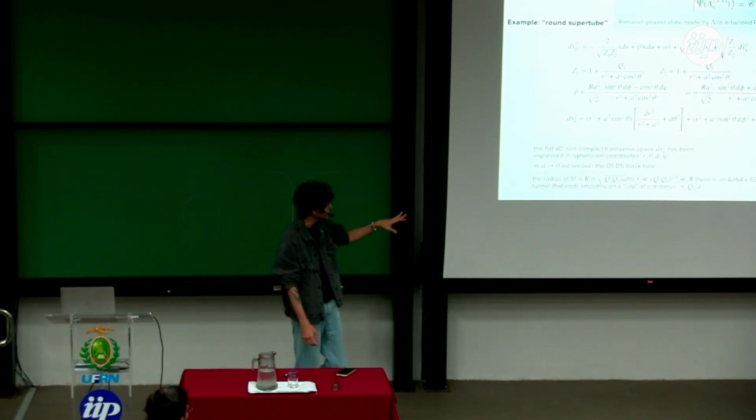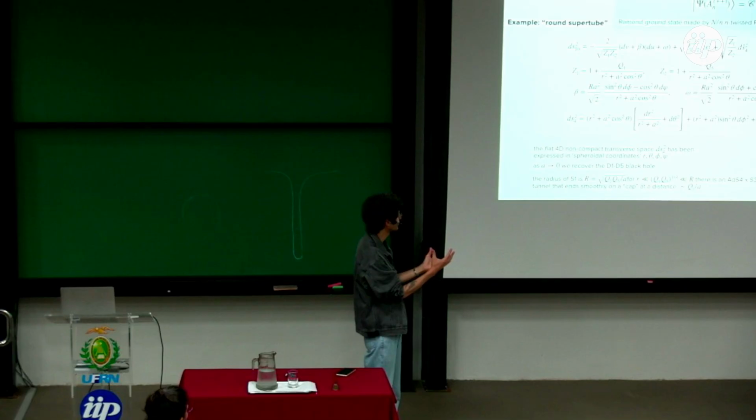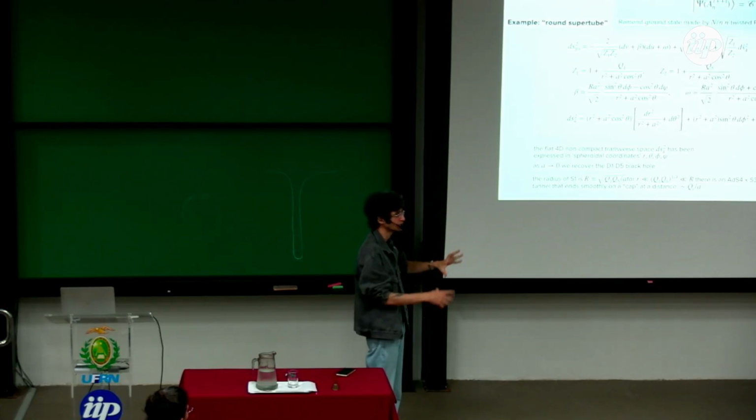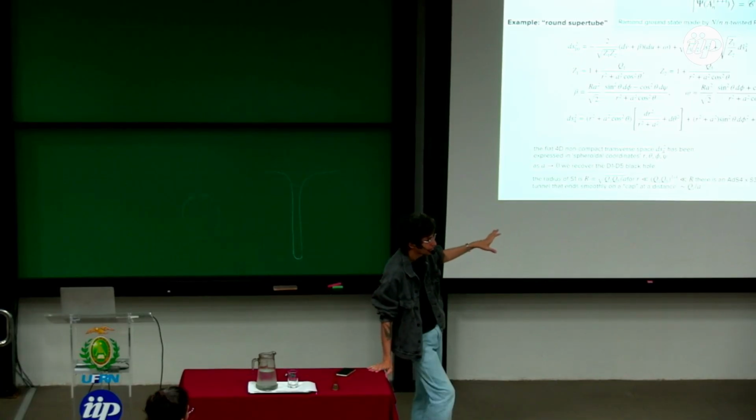As far as I understand, they build these things by putting magnetic fluxes, which I didn't write here, which end up in a way supporting the geometry in some sense. But I don't know much.